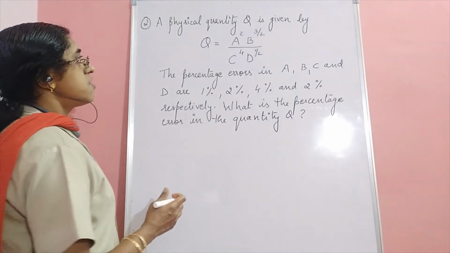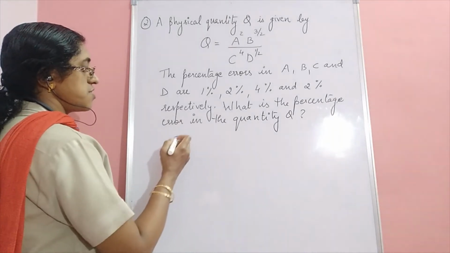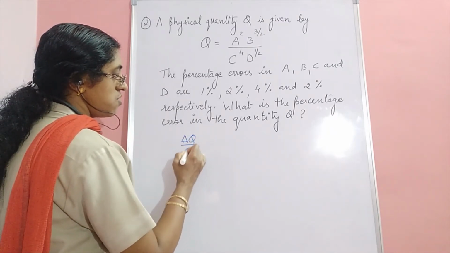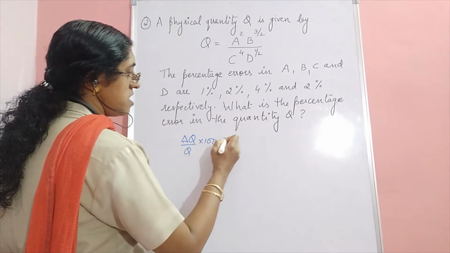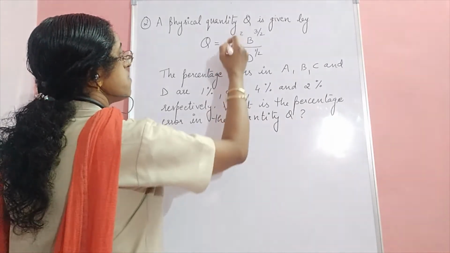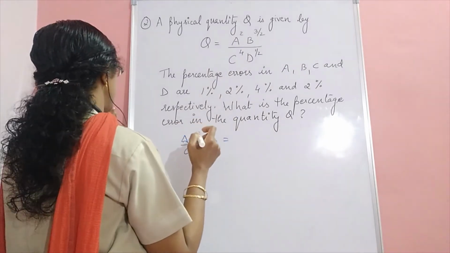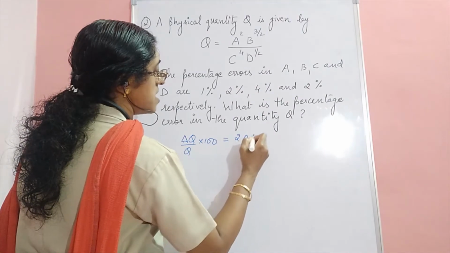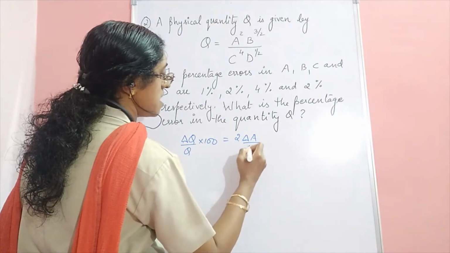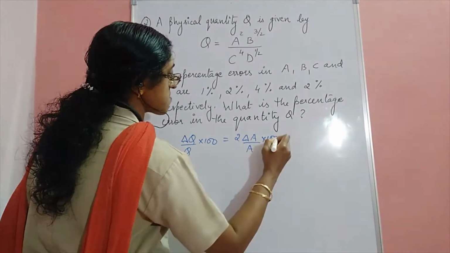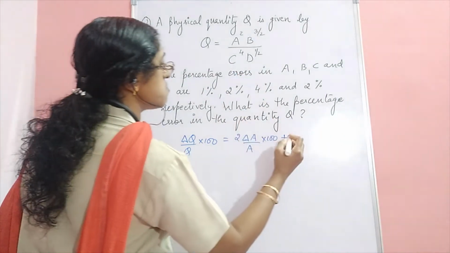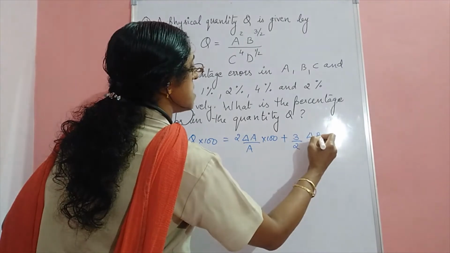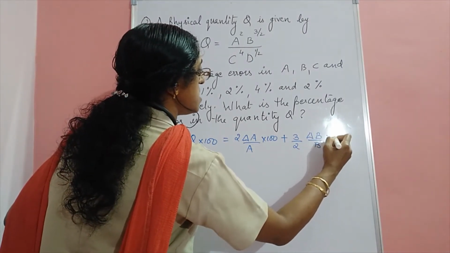So, in order to find out the percentage error in Q, we could write delta Q by Q into 100 is equal to, now first I'll apply the power rule for A square, that is 2 times delta A by A into 100, plus the product rule, again the power 3 by 2 delta B by B into 100.